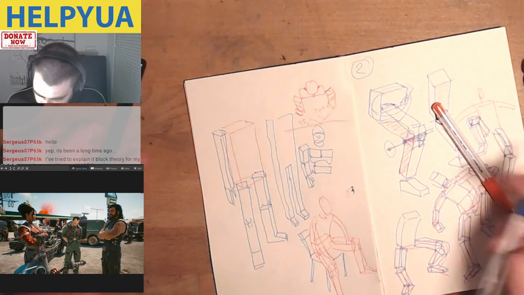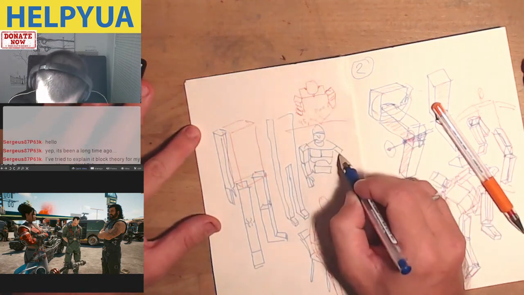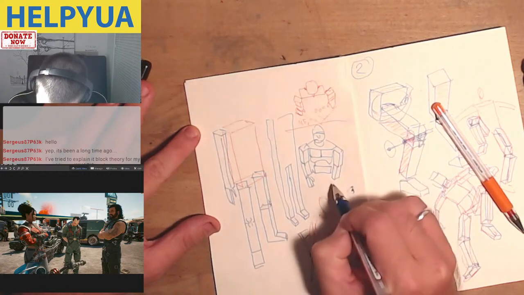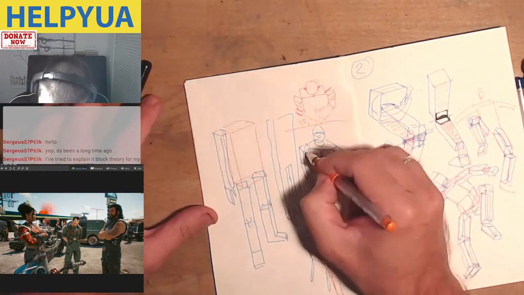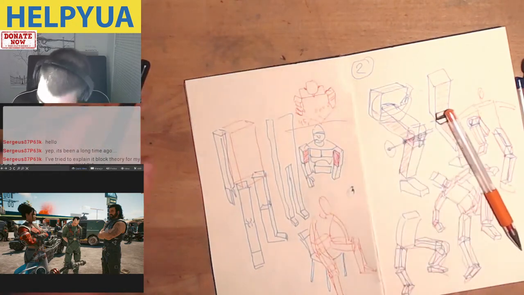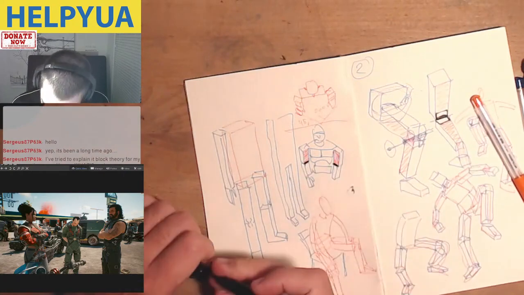Okay. Yeah. So here we have this hand. Same. We have biceps here, biceps here. This joint is kind of here.